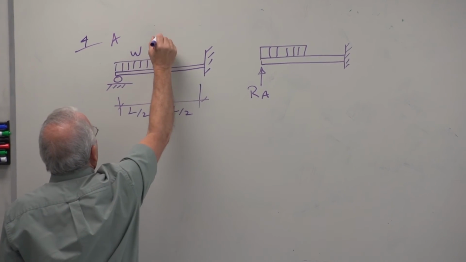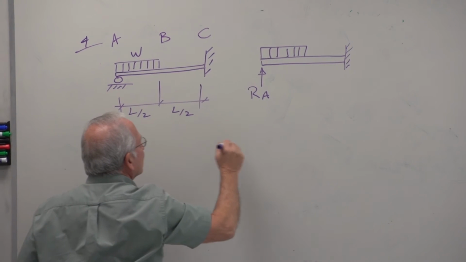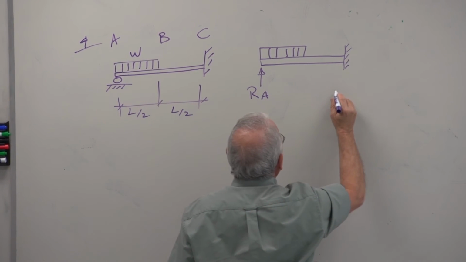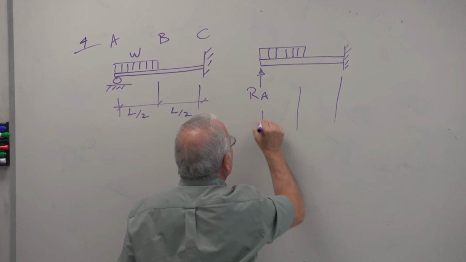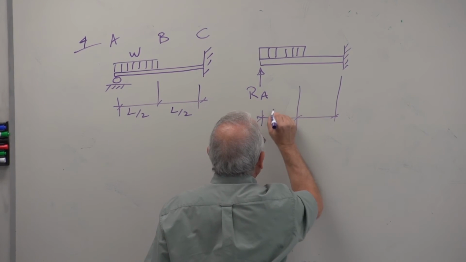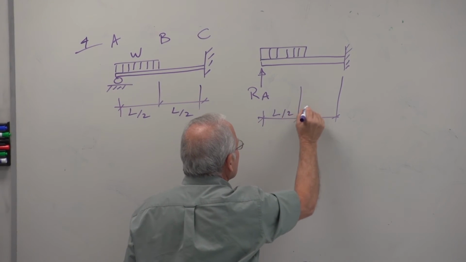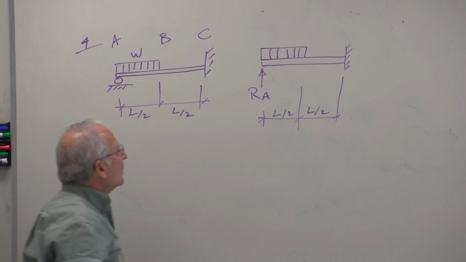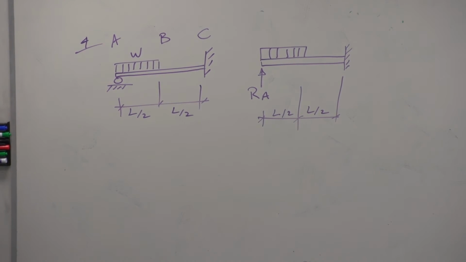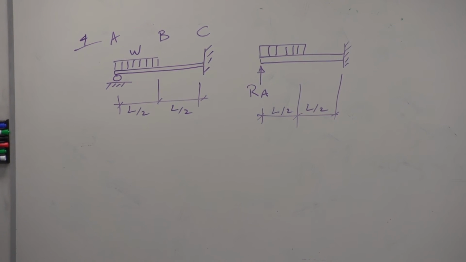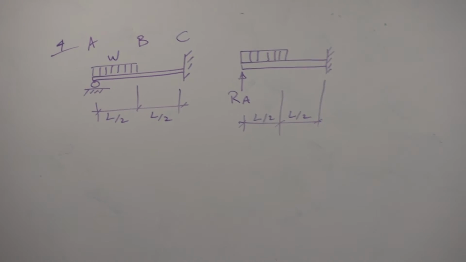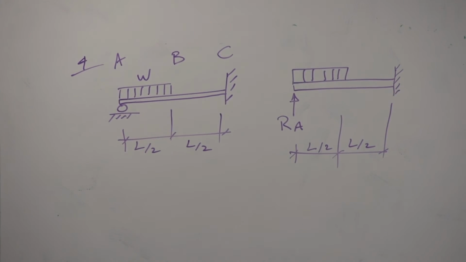I'll call this A, B, and C. In almost all of the problems involving Castigliano's theorem, we usually solve the problems symbolically, without numbers generally. And then if you have numbers, you can input them later.